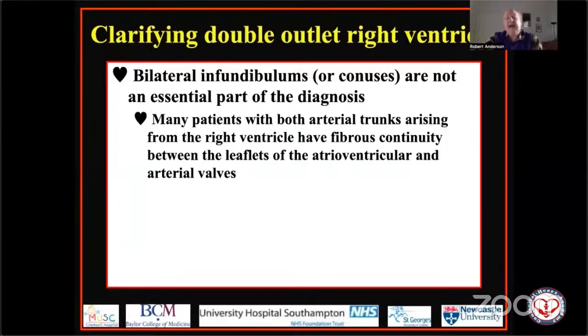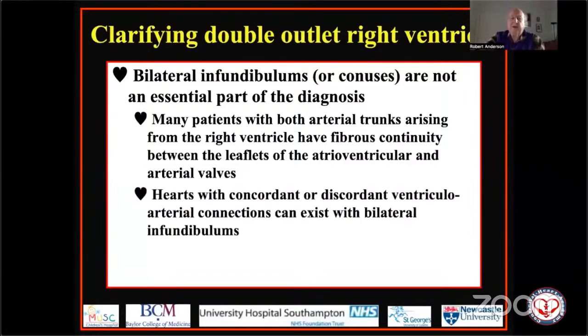And where is the elephant in the room? Well, for years, people argued that you had to have bilateral conuses in order to define double outlet right ventricle. But we now know, and as we're going to show you, many patients unequivocally can have a ventricular arterial connection of double outlet when there is fibrous continuity between the leaflets of an arterial valve and an atrioventricular valve.